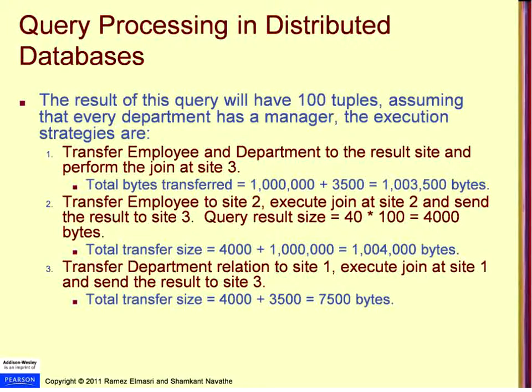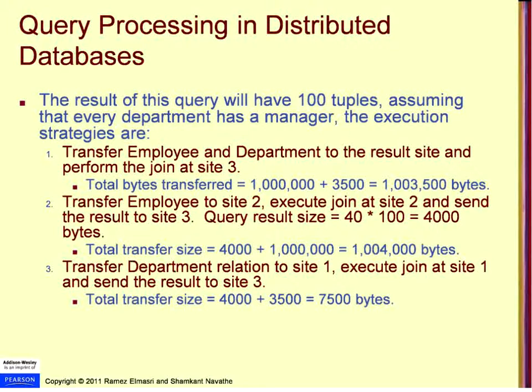And we have to do it for 100 tuples, so it will make 4000 bytes. The transfer size total is 4000 bytes, which we will be transferring from site 2 to site 3, and 10 raised to the power 6 bytes, which you transferred from site 1 to site 2. So this is the total transfer cost.